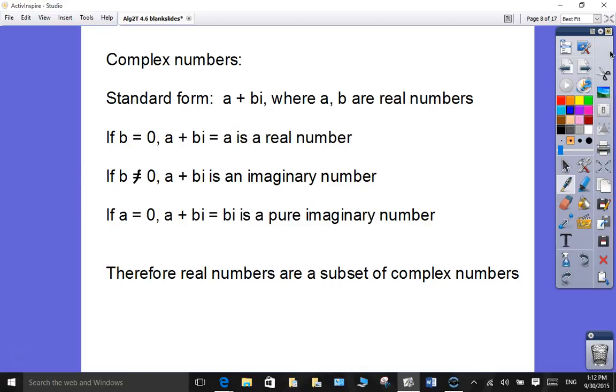Now, there's a few cases here, right? If B equals 0 in this A plus BI, then it's all A, and it's all real. So real numbers are complex numbers with B equals 0. If B does not equal 0, then you've got an imaginary number.